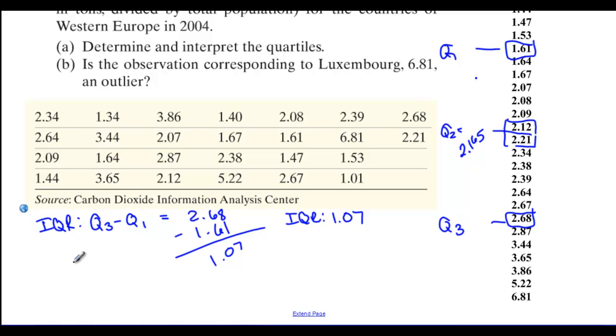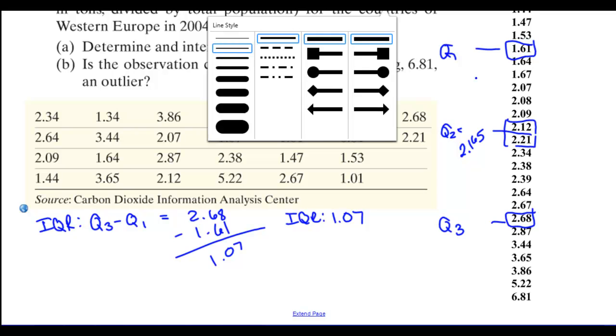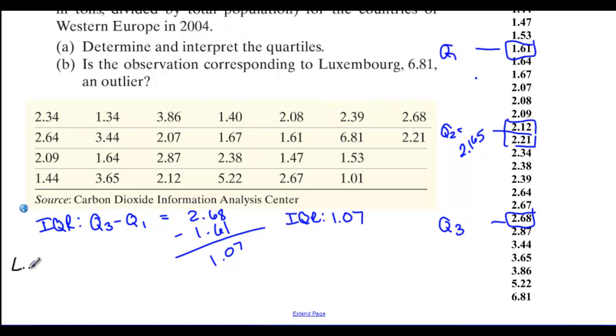And then we need to find our upper and lower fences. Our lower fence is going to be Q1 minus 1.5 times the IQR. So 1.61, our Q1, minus 1.5 times the interquartile range of 1.07.